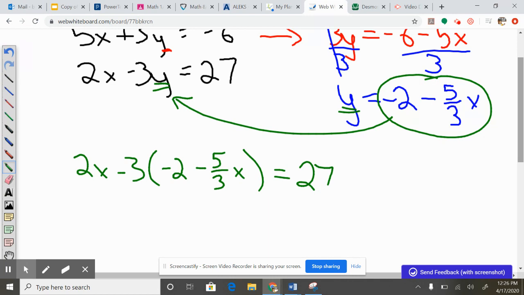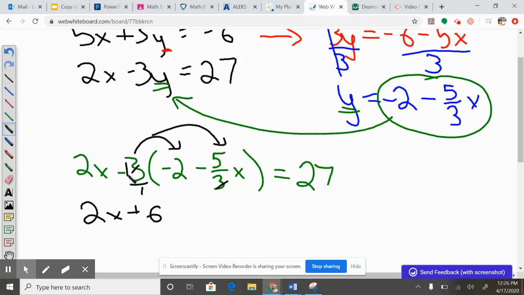I'm going to distribute. I'll get 2x. -3 times -2 will be +6. What's nice about this distributive problem, the -3, I'm multiplying by something that's over 3, so this is like going to cross cancel. And I'm going to get like a -1 here.